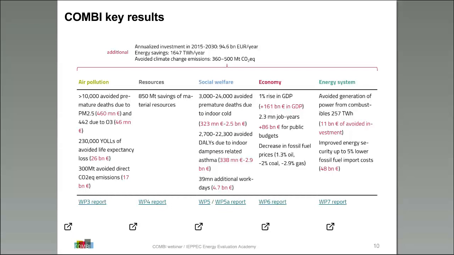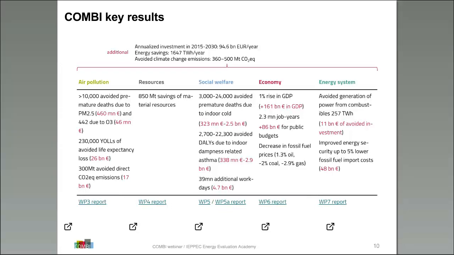If we sum up all those impacts, which is of course only possible for those that can be monetized, because we cannot sum up different physical units, this also gives an interesting picture. So this is what is actually needed if we want to do any kind of cost-benefit analysis. However, COMBI tried to estimate both. In the first step, the physical impacts, and in the second step, the monetary impacts.